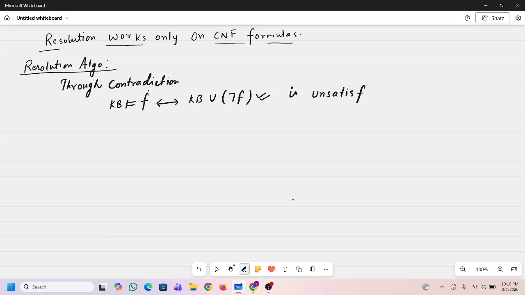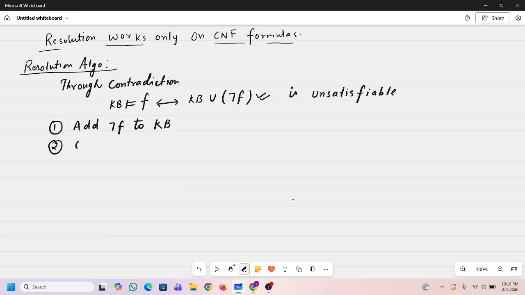Then we can say that this is wrong and KB should be able to derive F, right? So the algorithm states the first step as: add negation of F to KB.